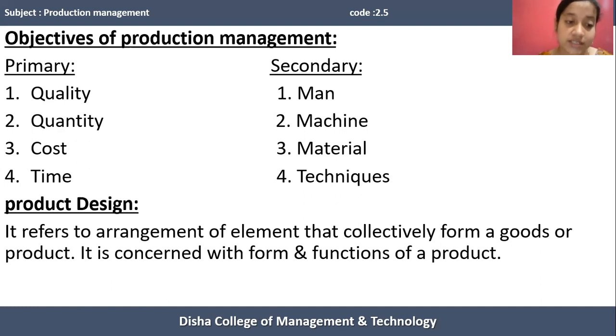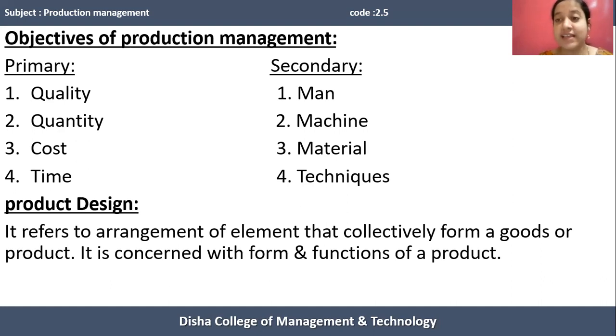Next, I'm going to discuss what is product design. This is another concept of production management. Design means drawing of certain things. So product design, we can say, is an arrangement of elements that collectively form a good or product. It is concerned with form and function of a product.